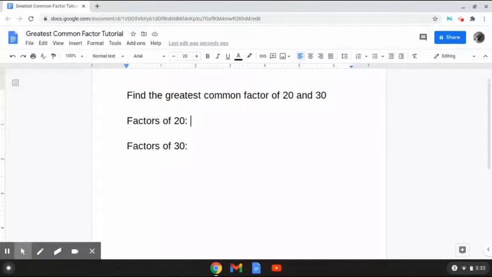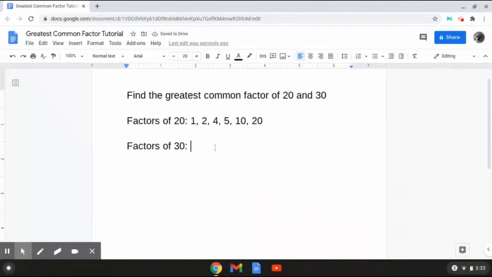Alrighty, so this next problem reads, find the greatest common factor of 20 and 30. So the way that we're going to solve this is like we've been doing in the last few problems. First, we're going to list out the factors of each number. And the factors of 20 are 1, 2, 4, 5, 10, and 20.